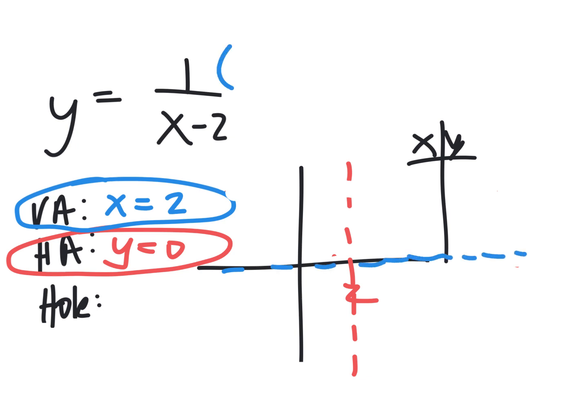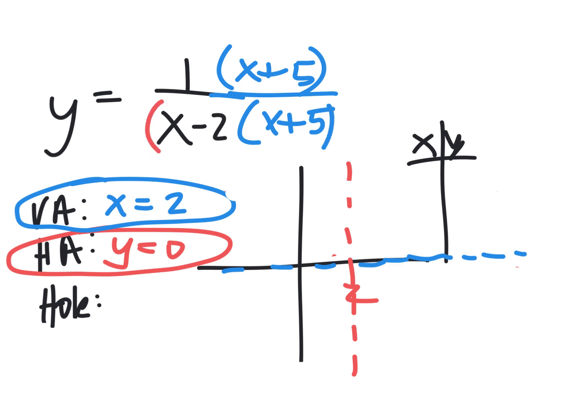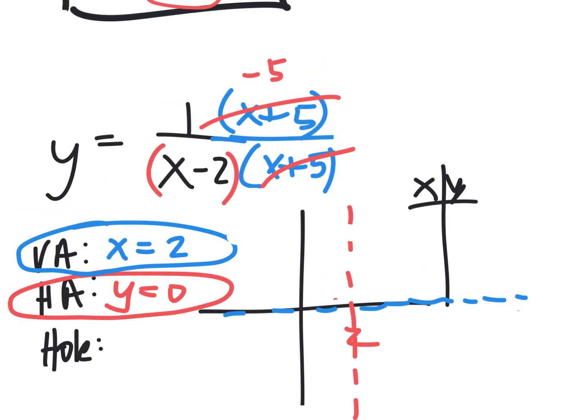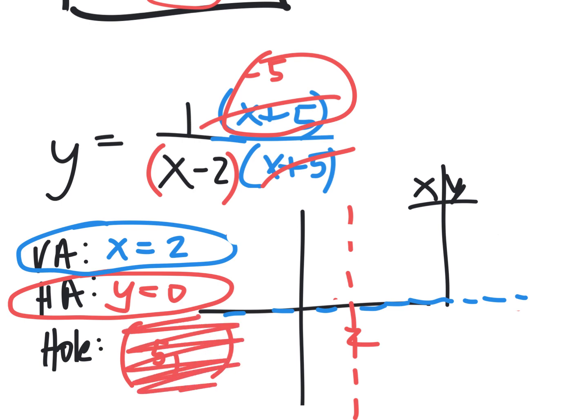No. A reminder: if there had been an x plus 5 on top and an x plus 5 on the bottom in parentheses, this would have canceled. That would have created a hole at -5 comma something. The -5 is the easy part, because that makes it 0. But you stick -5 back in the function to figure out the rest of the hole. That's just a reminder on how those holes would have worked.